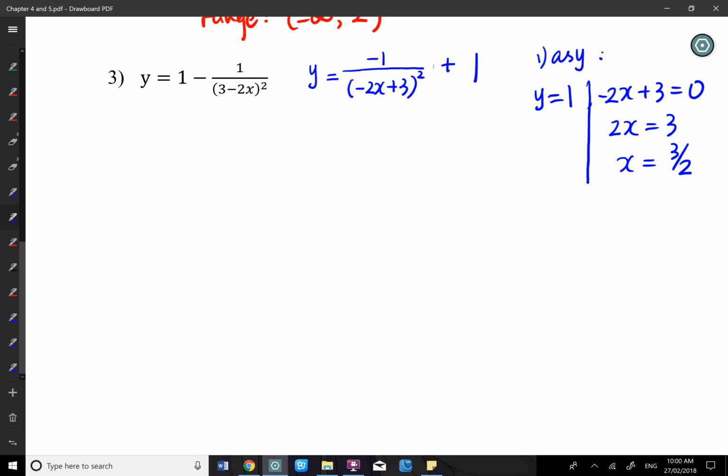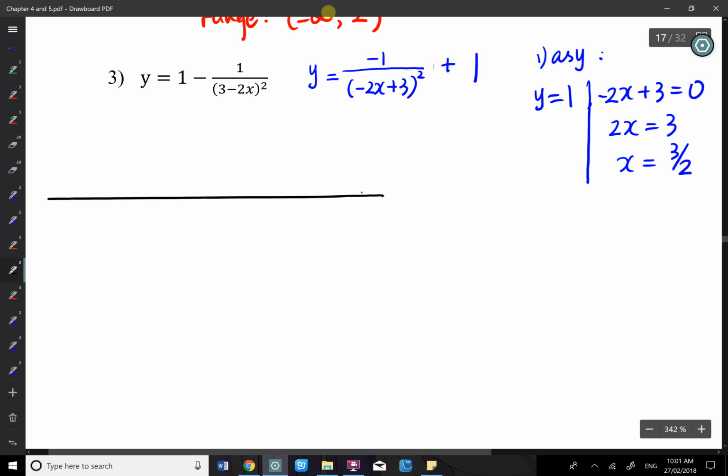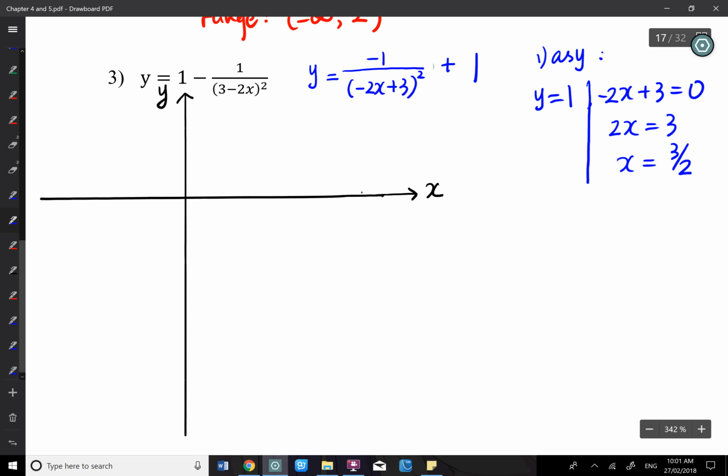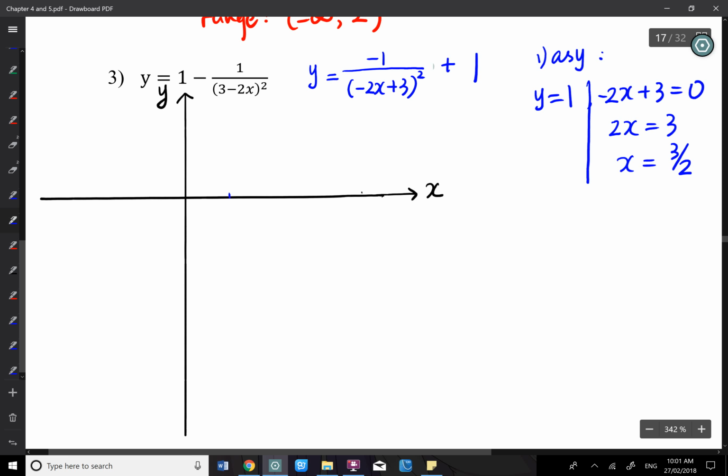So the thing in the bracket equals 0, then everything equals 0. So x equals 3 over 2 and y equals 1.